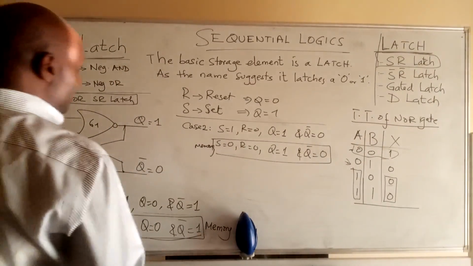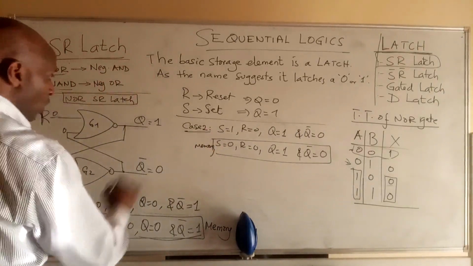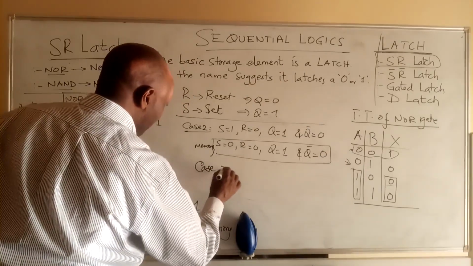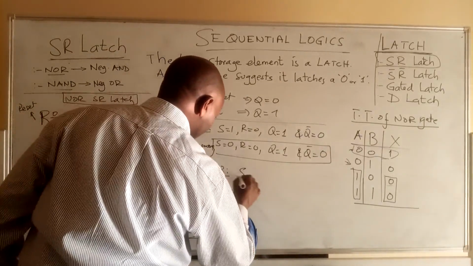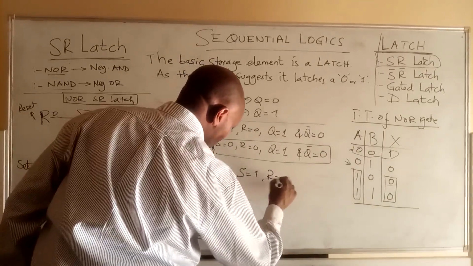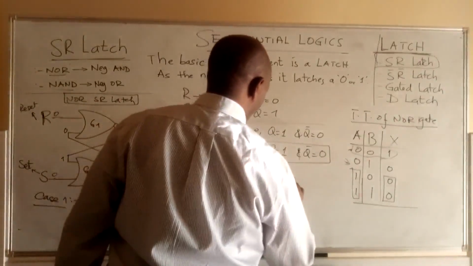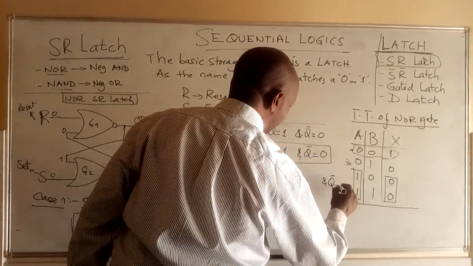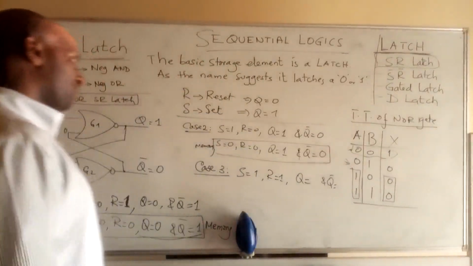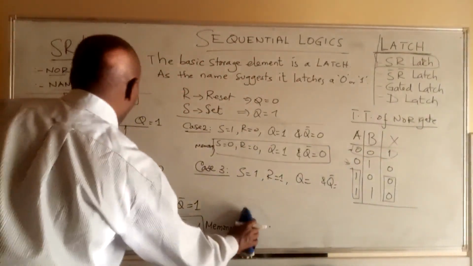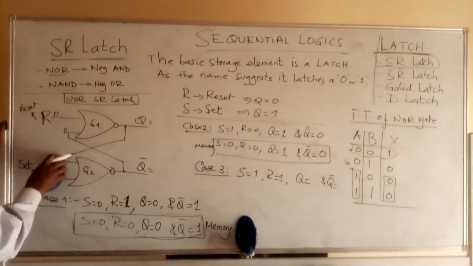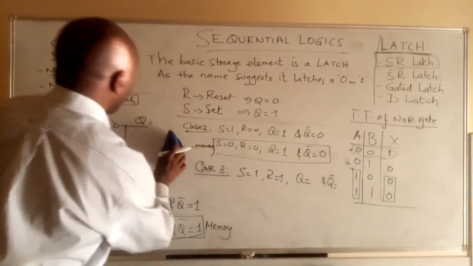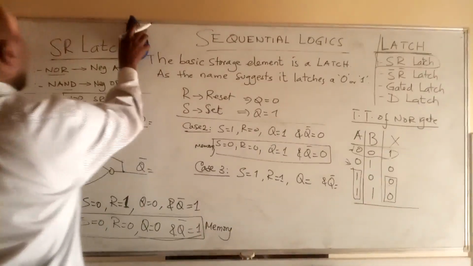Now, let us see case number 3, where S is 1, R is 1. So what will happen to Q and Q bar? Friends, let us see what will happen.